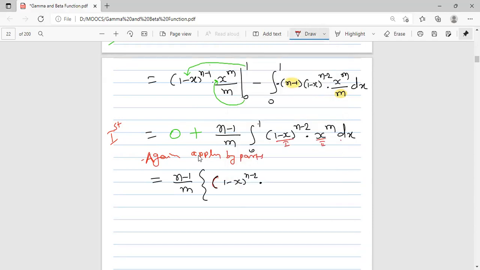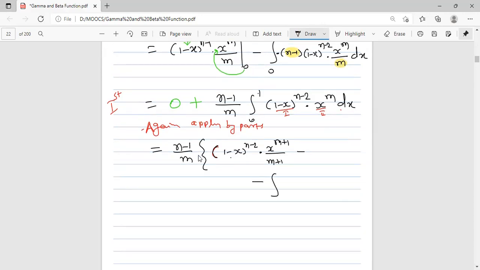This is my second term. Taking the first term as it is, the integration of the second term is x raised to power m plus 1 divided by m plus 1, minus integration 0 to 1, the derivative of the first term is n minus 2 into 1 minus x raised to power n minus 3, and here the derivative is minus, into x raised to power m plus 1 divided by m plus 1.